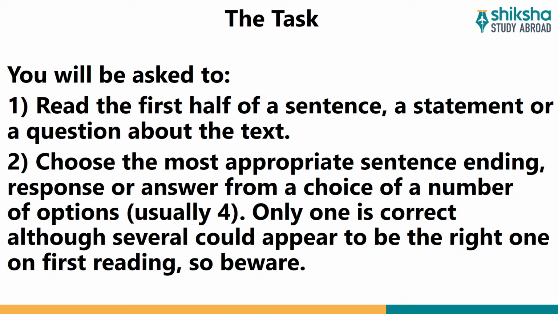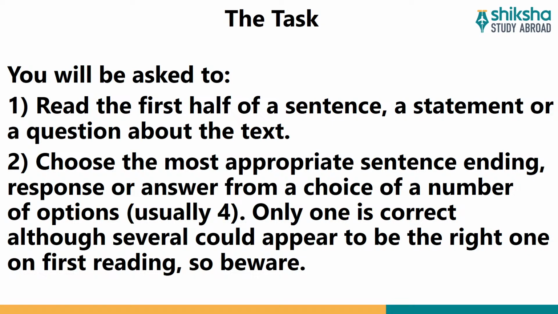So what will be the task in and around these MCQs? You will be asked to read the first half of a sentence, a statement or a question about the text, and then you will have to choose the most appropriate sentence ending, response, or answer from a choice of a number of options. Usually there are 4 options.